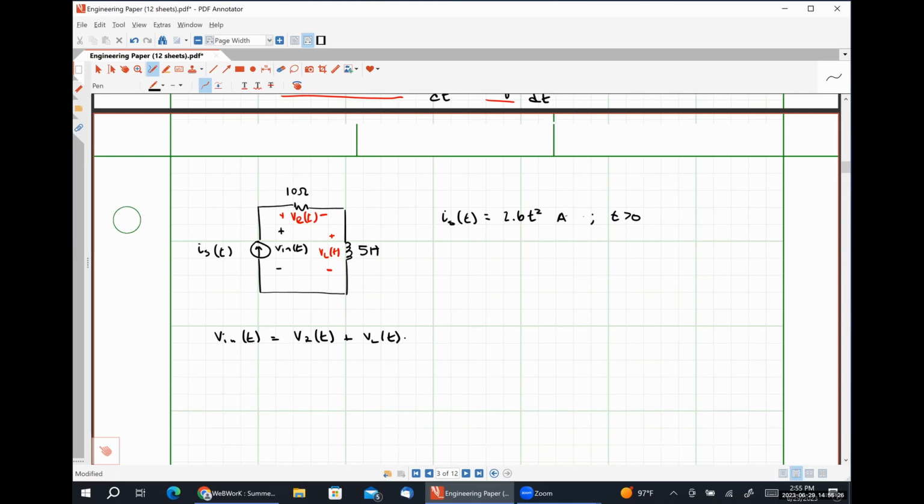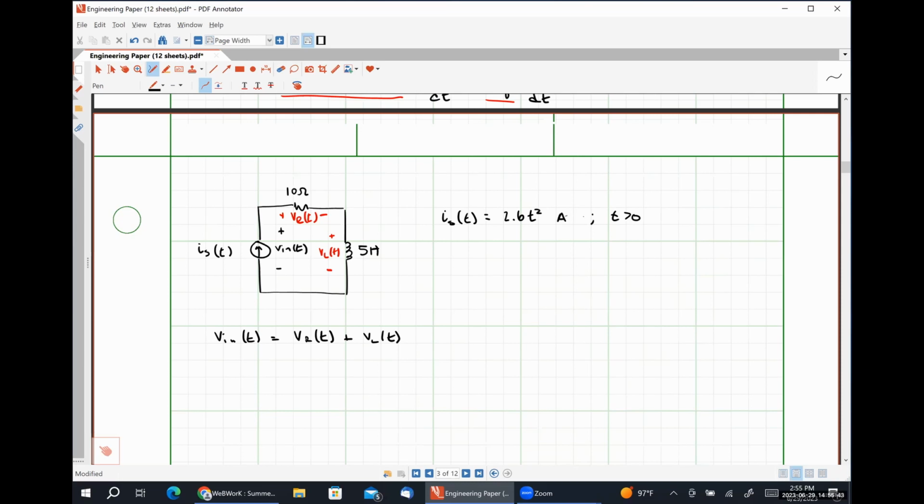Anybody have any problems with that? Let me make that R look a little bit more like an R, not like a 2. No, I follow so far. I'm curious how we get V though.